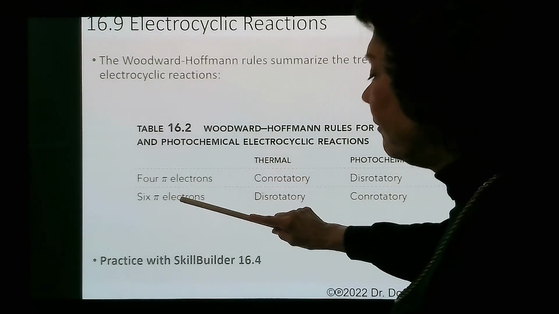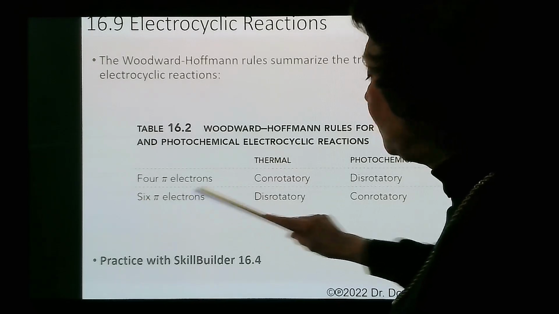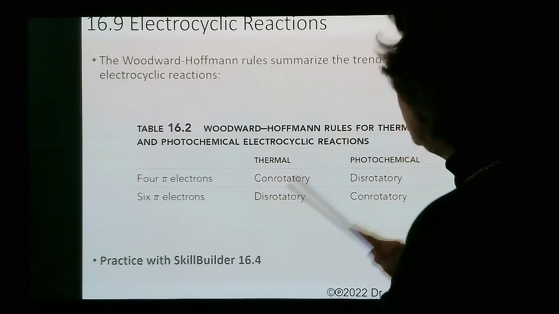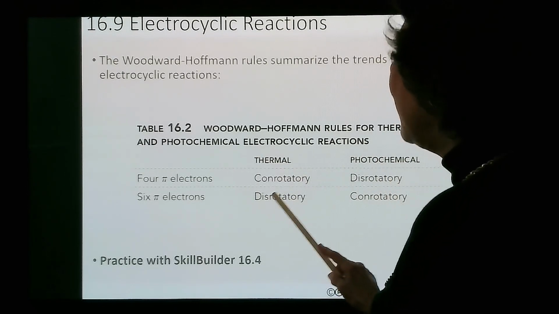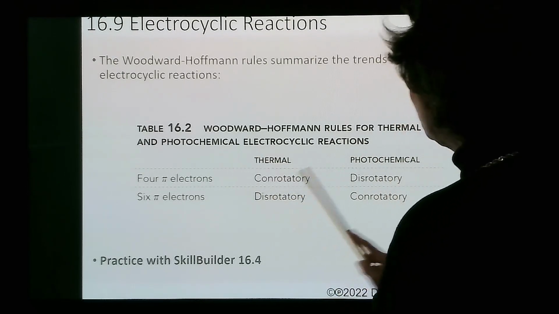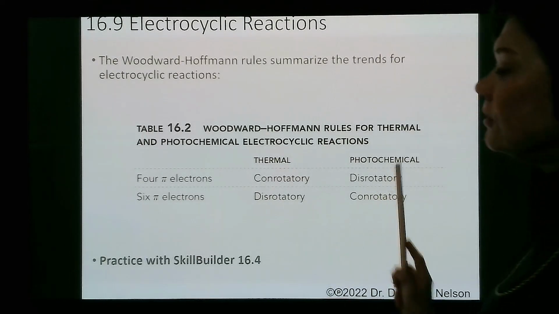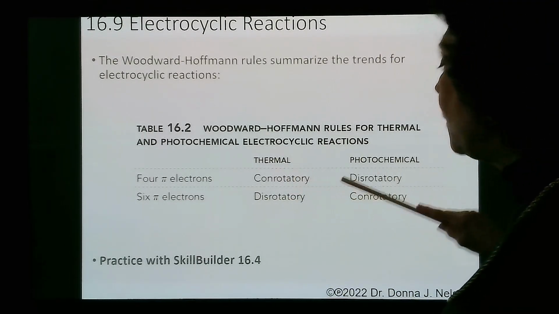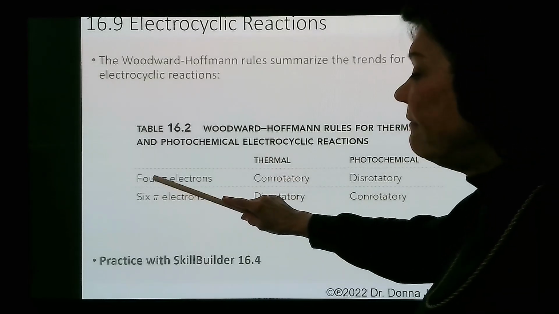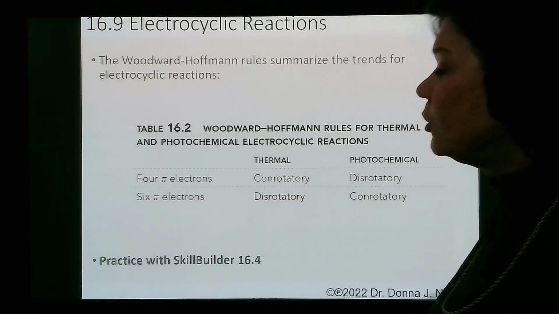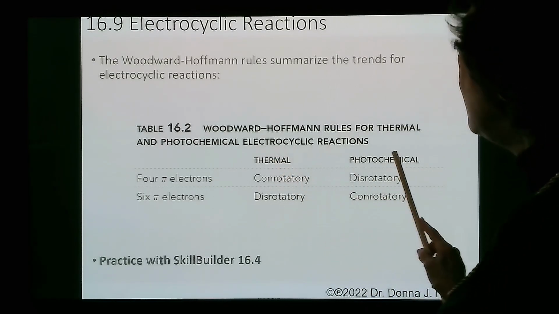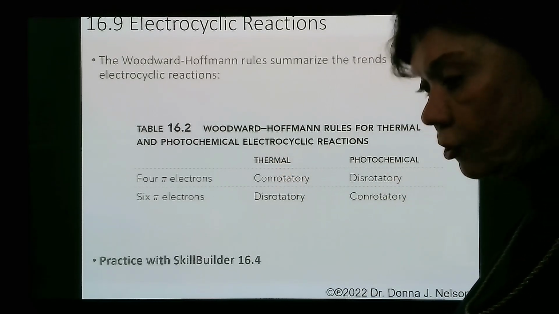It will also be reversed if you switch to 6 pi electrons. You'll switch from conrotatory to disrotatory. If you go photochemical again, then it will be switched back from disrotatory to conrotatory. So maybe what this table best depicts is the way in which you have the reversal going from 4 to 6 pi electrons. You also have the reversal going from thermal to photochemical reaction.